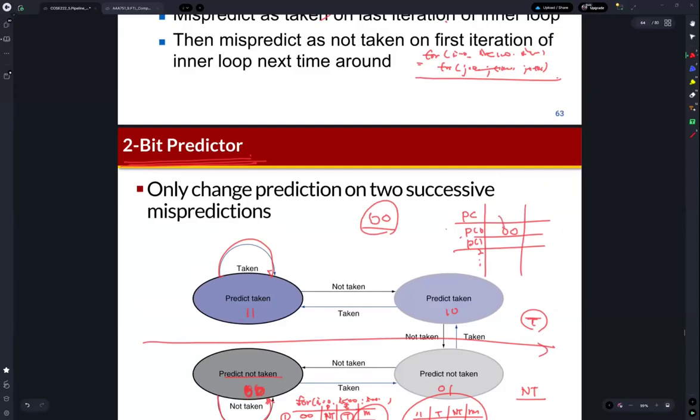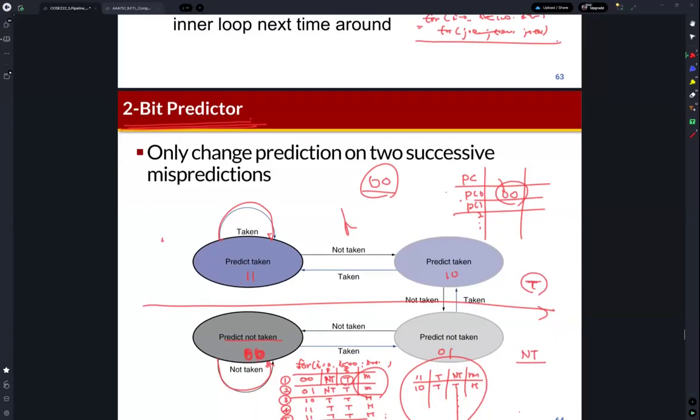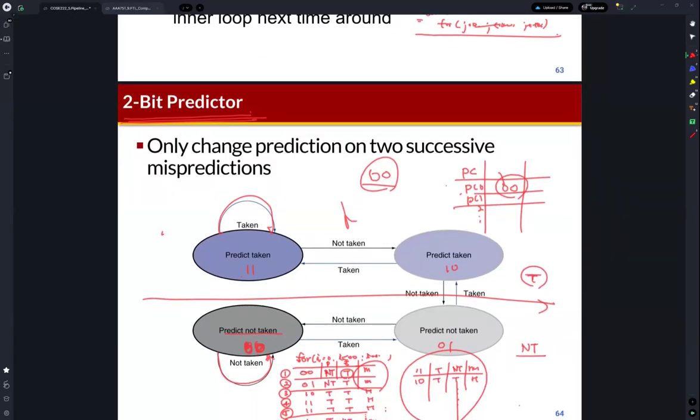So with this 2-bit, we can implement this saturated adder, saturated incrementer. Then we can predict the result of the instruction using this branch prediction buffer. Do you understand?